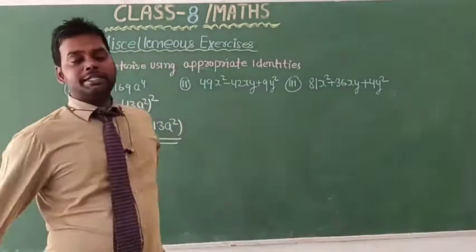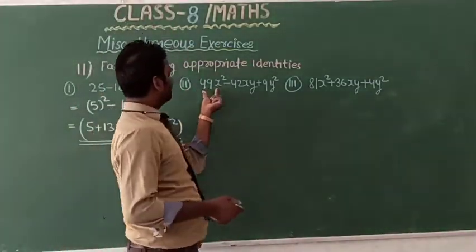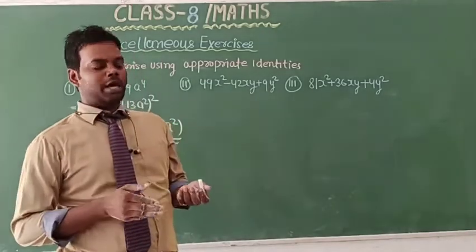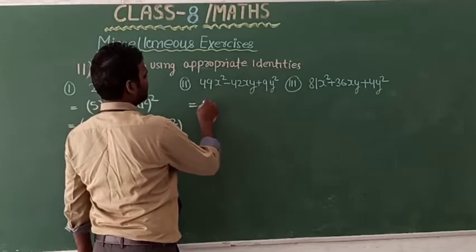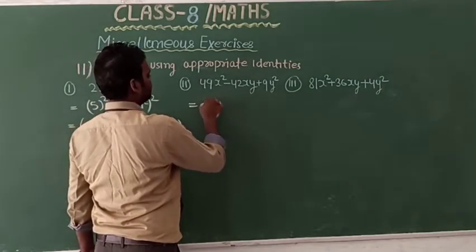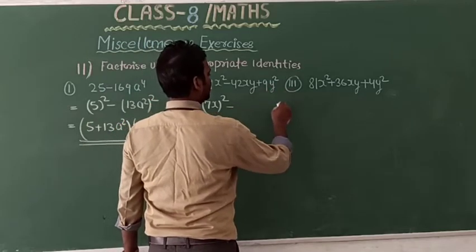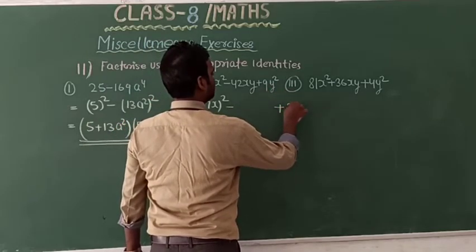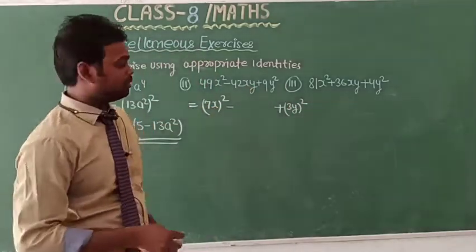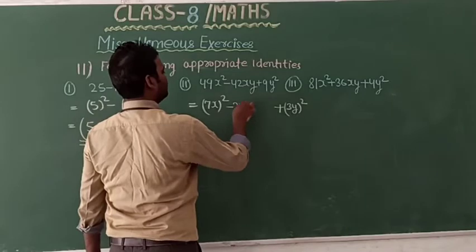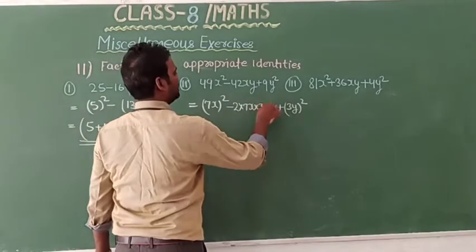So in the second part the first and third terms look like perfect square numbers. So this is written as 7x whole square and the third term plus 3y whole square, and the middle term can be written as 2 into 7x into 3y.